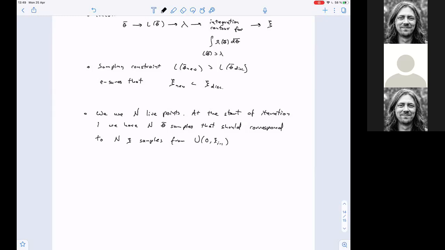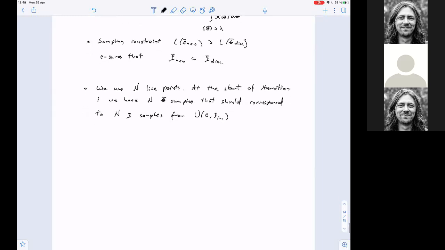So this was the prior mass associated with the previous iteration. So we're moving from 1 and moving downwards. And at the beginning of iteration i, we have n live points, which in terms of the prior mass is just distributed uniformly between 0 and psi_{i-1}.